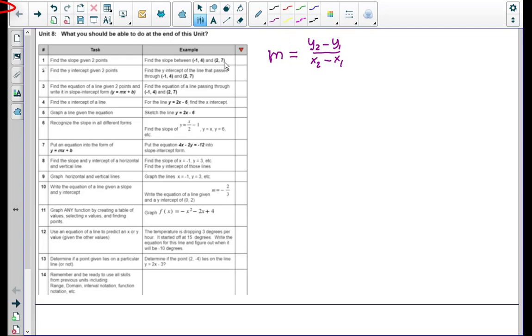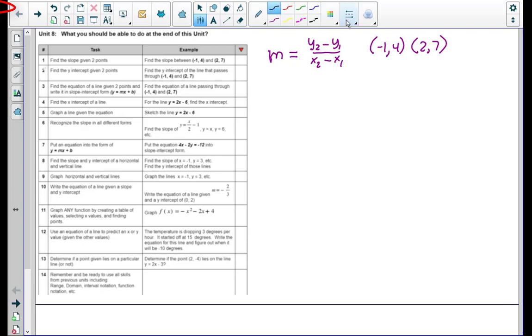Okay, so for this problem here, we're going to use the points that they gave us, -1, 4, and 2, 7. If you follow the directions in the notes, it will do exactly what I'm going to do.